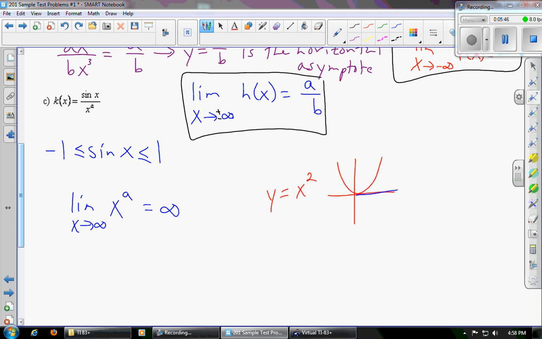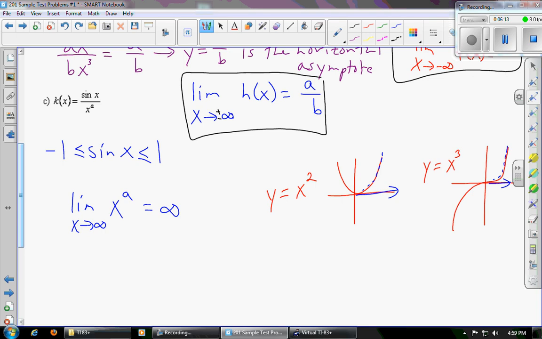And as x runs to infinity, we follow this part of the graph and we go up to infinity. All right, that's if a is 2. What if a is 3? y equals x cubed. So it looks like this. And again, x goes to infinity, and again, y goes to infinity. So I'm feeling pretty good that no matter what power I stick up there, any positive integer, on the right-hand side, it's going to go to infinity.